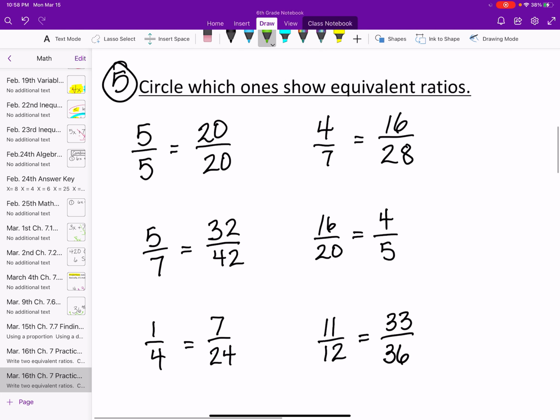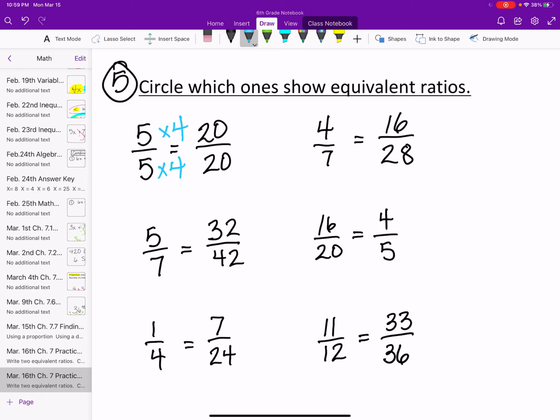Okay, so moving down to this next section, this is where I want you to circle which ones show equivalent ratios, meaning that they have to have been multiplied or divided by the same number on top and bottom in order for it to be an equivalent ratio. Let's look at this first one here. 5 times what got me 20? 4.